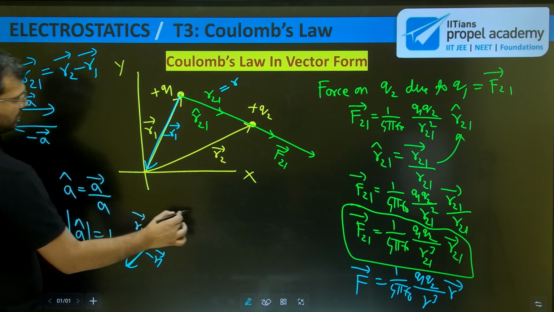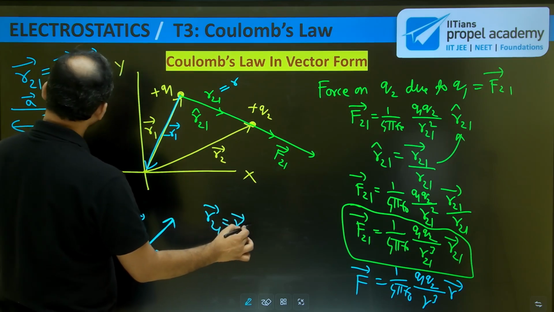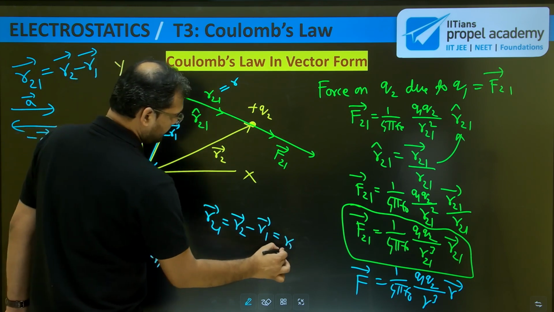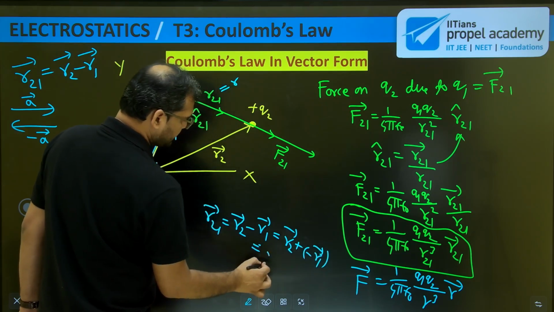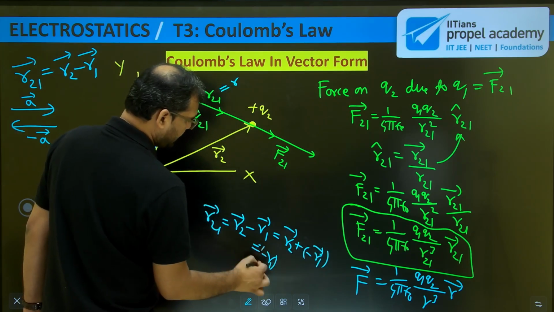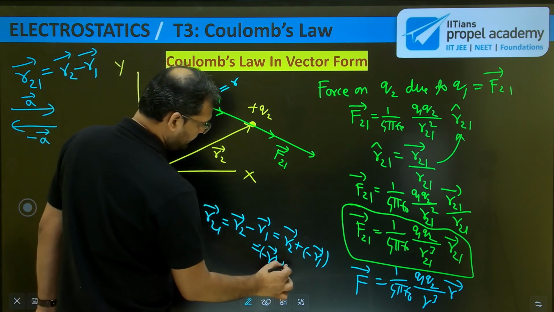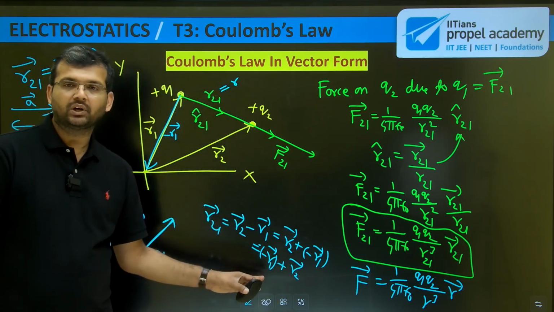So now R21 bar is the same as R2 bar minus R1 bar. I can write it as R2 bar plus minus R1 bar. Simply, subtraction has been converted into addition.